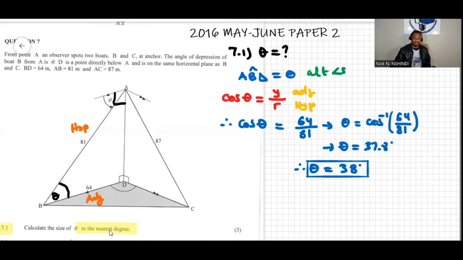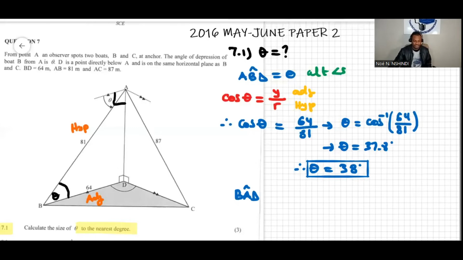We can also work out angle BAD, and then we can work out theta by doing 90 degrees minus the angle BAD. That is another way. Let's just do it. We could work out the angle BAD.